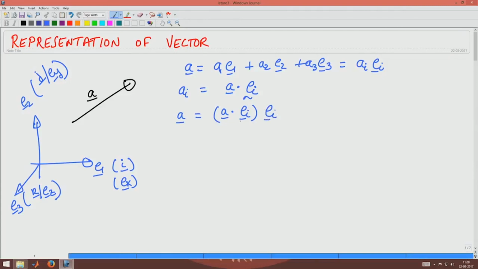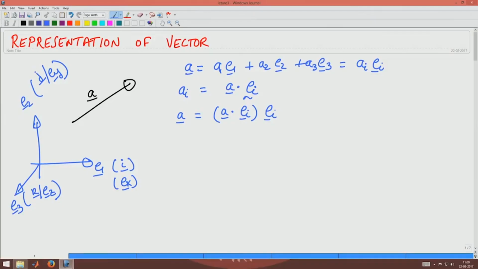This is a general representation of a vector using 3 other directed line segments. So, any vector you can represent using 3 directed line segments. Why do you need 3 directed line segments? Because your space is 3 dimensional. If your space were 2 dimensional, then you will require only 2 basis vectors, which might be x and y or Ex, Ey or E1, E2 and so on. Okay. So, you have represented a vector as this.